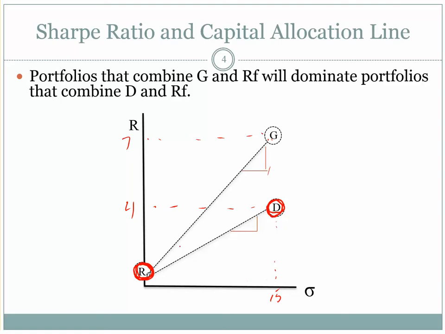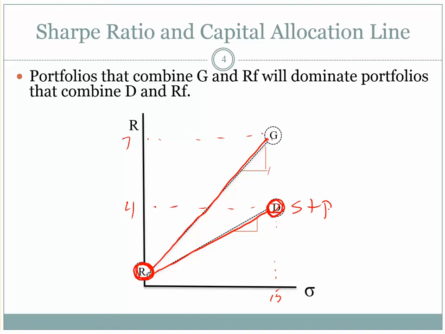What you can see is that I would rather be investing on a line that extends from the risk-free rate to G rather than a line that extends from the risk-free rate to D, the domestic portfolio.